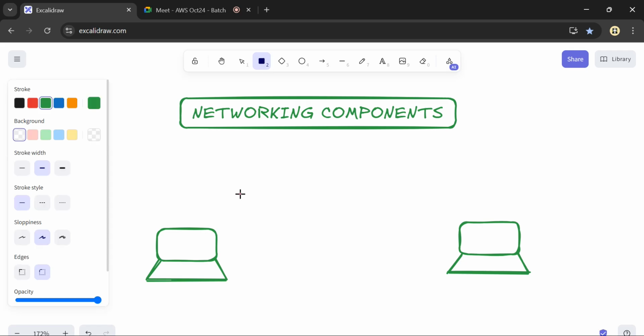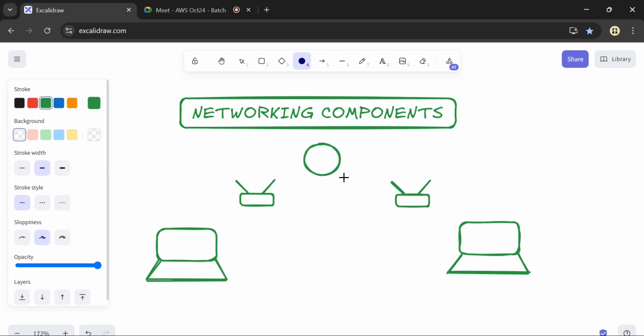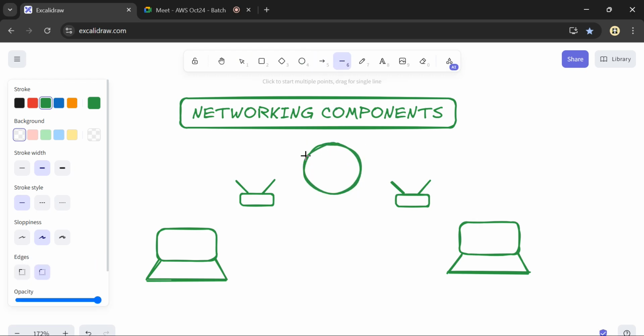So somewhere we have our router at our home. So I have connected my laptop with my router. You have connected your laptop with your router, and these routers have established the connection with the public internet, and this is done by the ISPs, that is internet service providers, maybe Airtel, Jio, or any other ISPs that you have in your area.